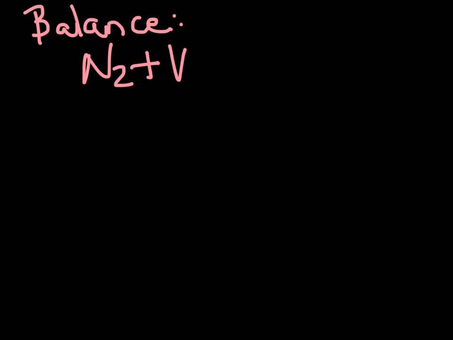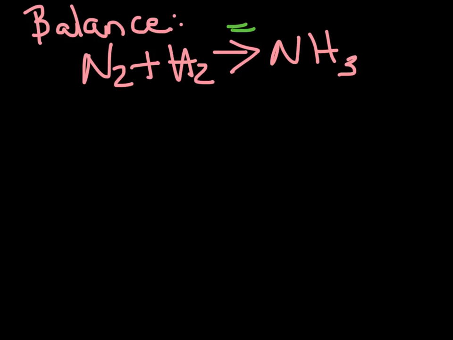All right, the last thing we need to know is about how to balance chemical reactions or chemical equations. Okay, let's talk about the example N2 plus H2, which results in NH3. As we know, this does not equal, right?